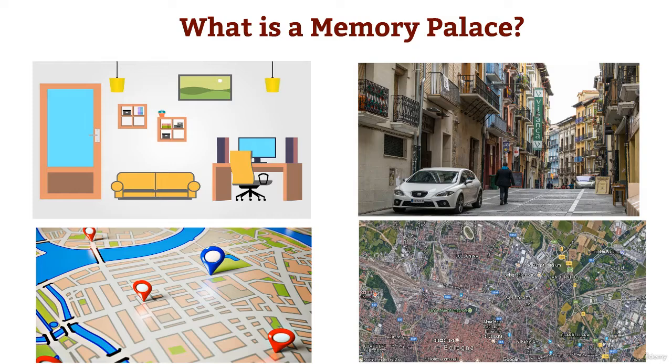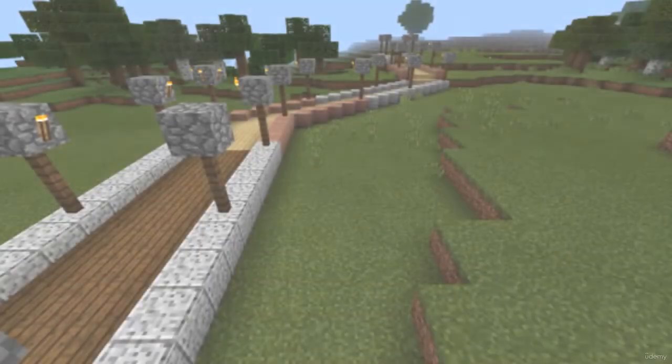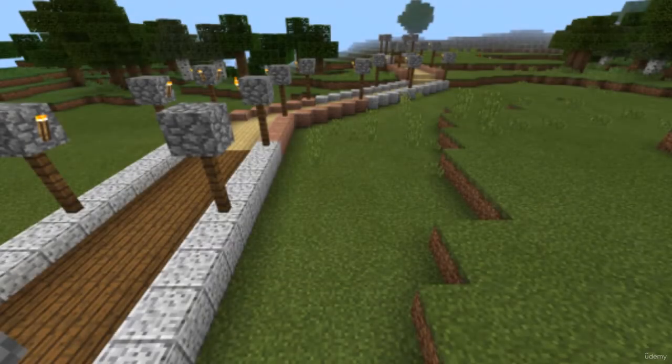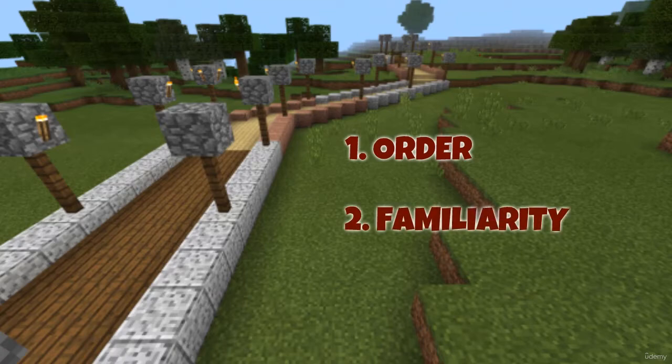Another important thing is that memory palaces don't necessarily have to be buildings. They can be routes through your neighborhood, or they can be routes in your favorite computer game. They can be real or imaginary, indoors or outdoors, so long as there's some order that links one place to the next, and so long as they are very familiar to you.